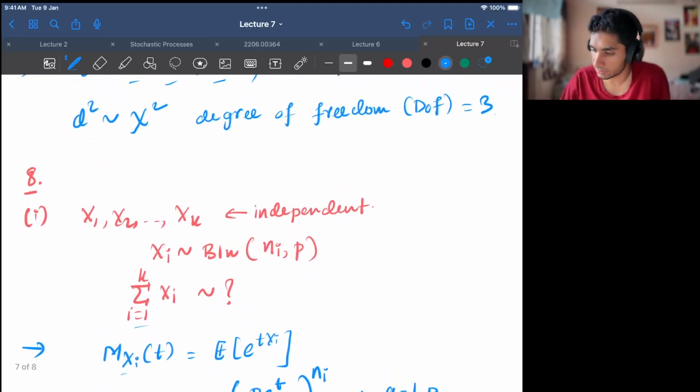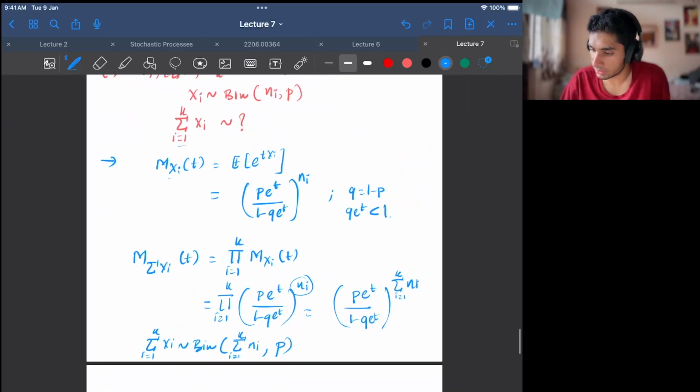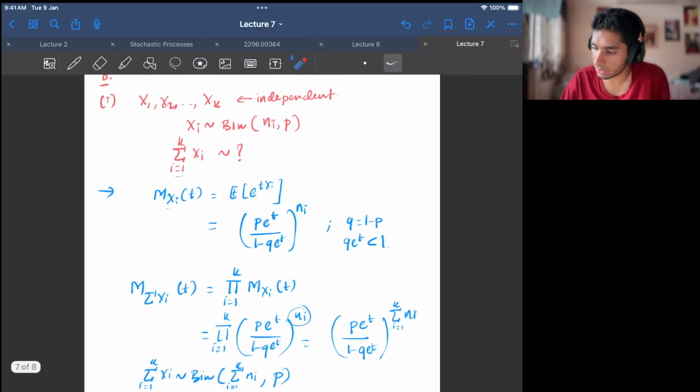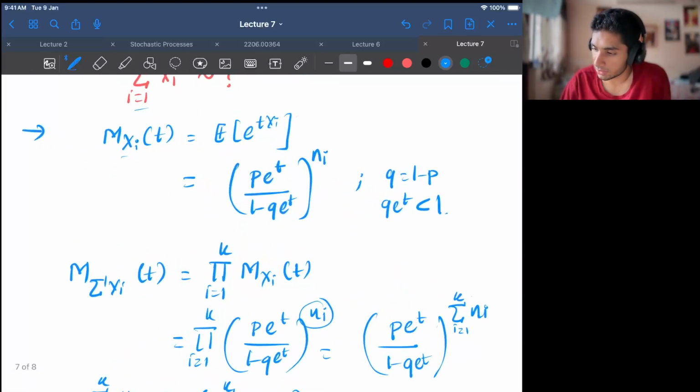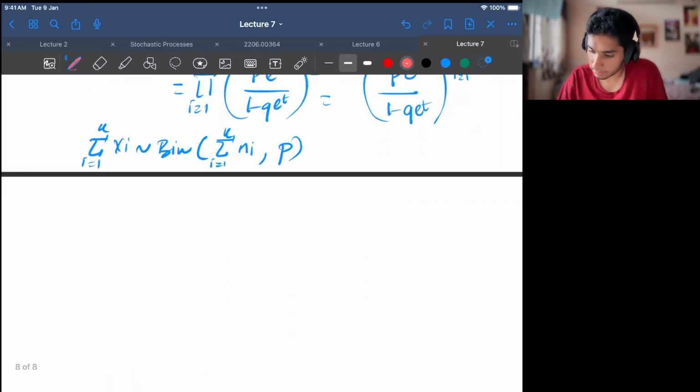Okay. So this was the result for a binomial distribution, the sum of binomial random variables. Let us look at some other distribution. What about Poisson distribution?